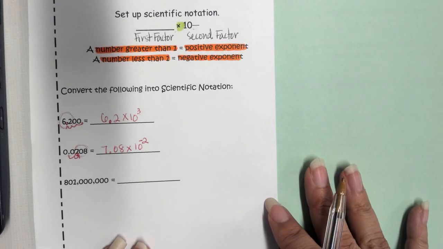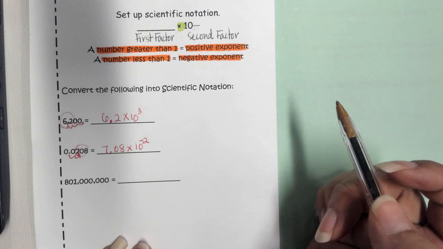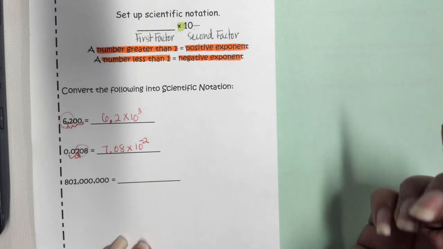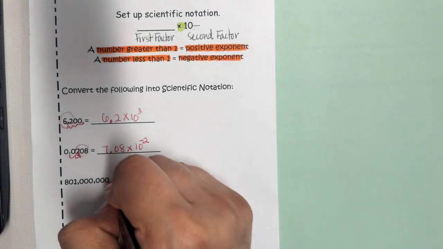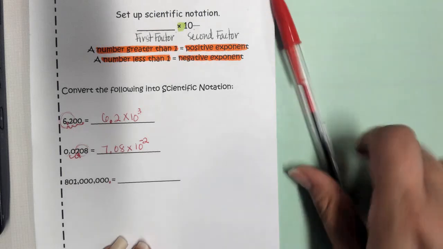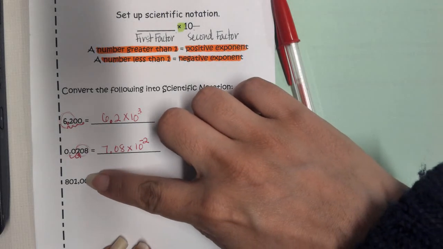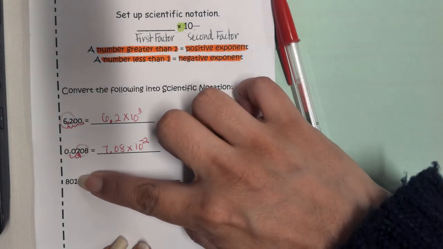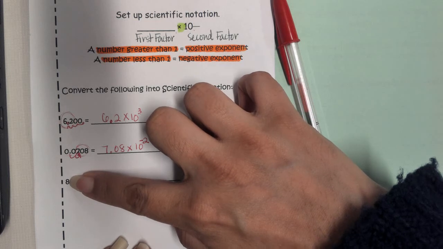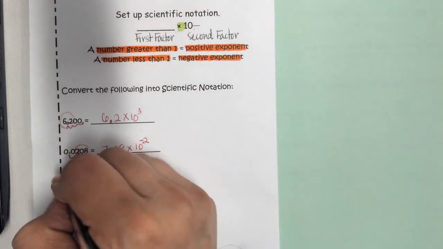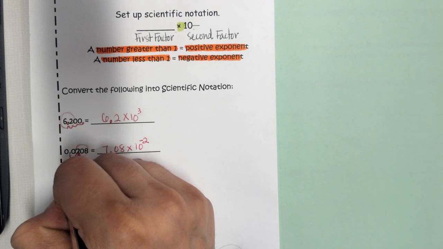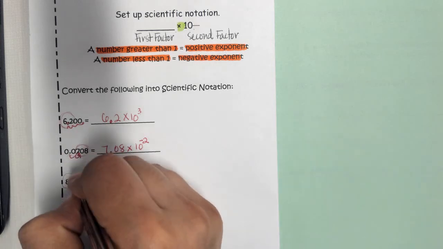Okay, my last example. We have 801 million. So this is where my decimal is initially. If I move it, I get 801, 80, and then I get the number 8. So I want the decimal to be right here. So again, I'm going to circle this.